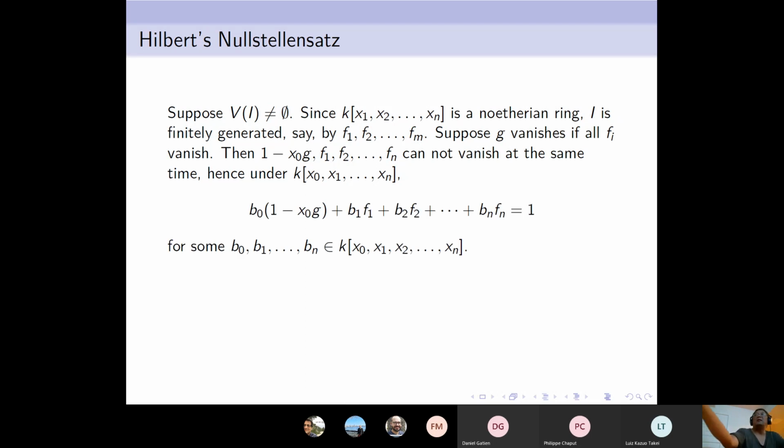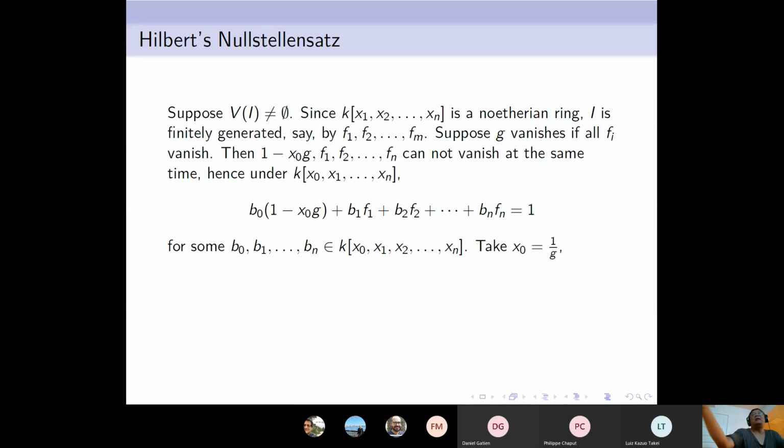Then we can find b0, b1, up to bm in this new polynomial ring such that the linear combination is equal to 1, because they don't vanish at the same time. That means the ideal generated by these polynomials must be equal to the entire ring.